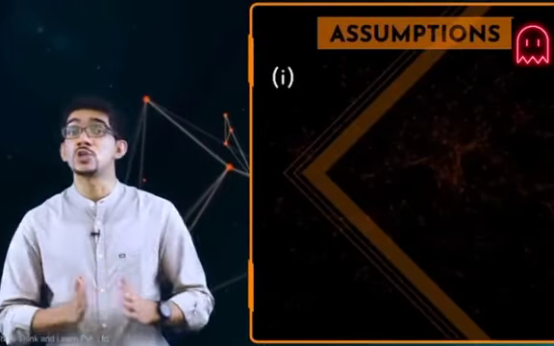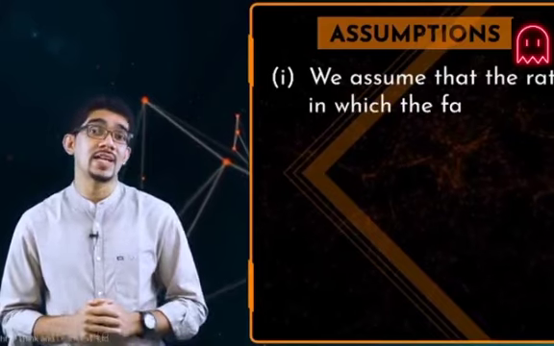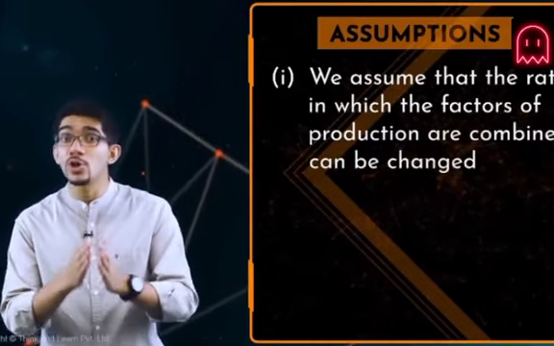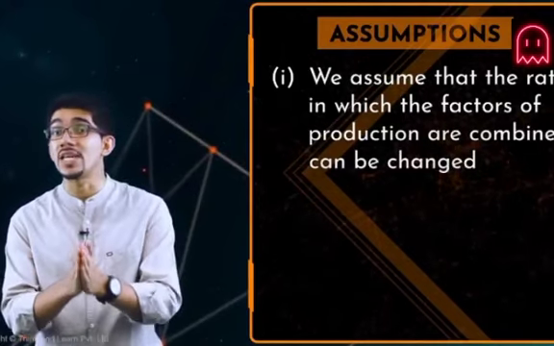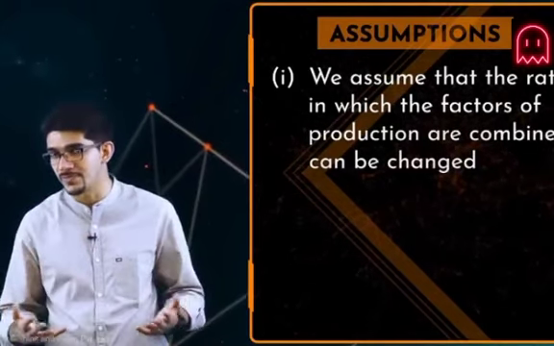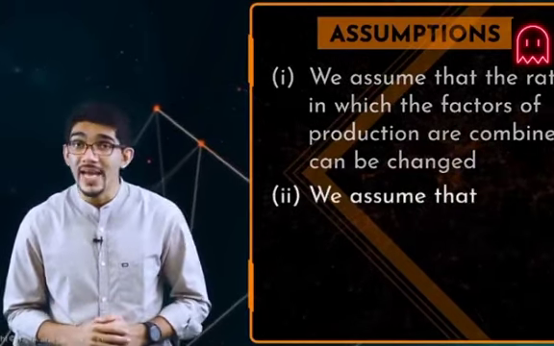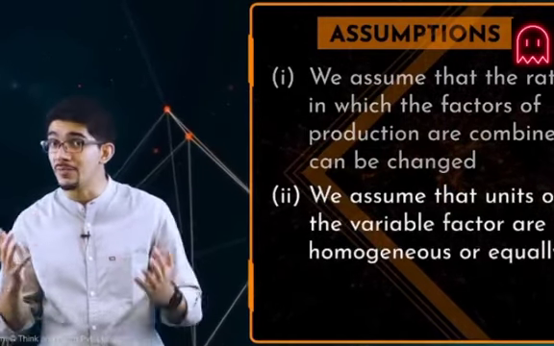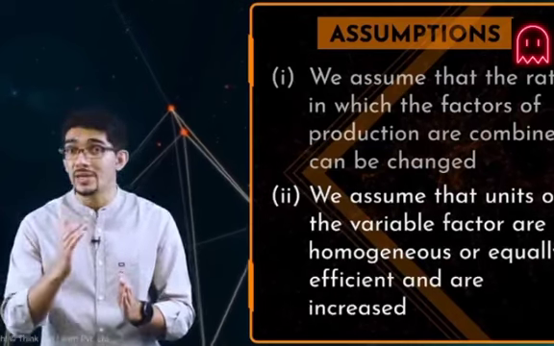Now, before we move forward, we should understand that the law of variable proportions is based on certain assumptions again. 1, we assume that the ratio in which the factors of production are combined can be changed. So, though it might not always be possible, we assume the ratio can be changed as we wish. 2, we assume that units of the variable factor are homogeneous or equally efficient and are increased one by one.